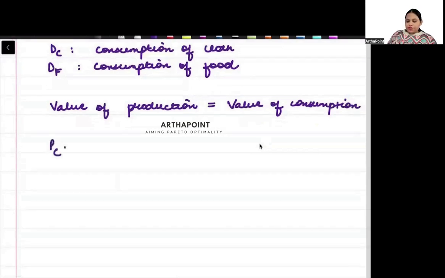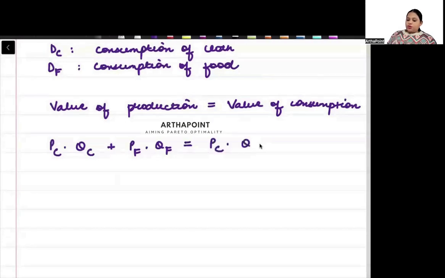Price of cloth into quantity of cloth, price of food into quantity of food. And what is the value of consumption? Price of cloth into demand of cloth, price of food into demand for food. And both must be equal to V. Is this making sense?